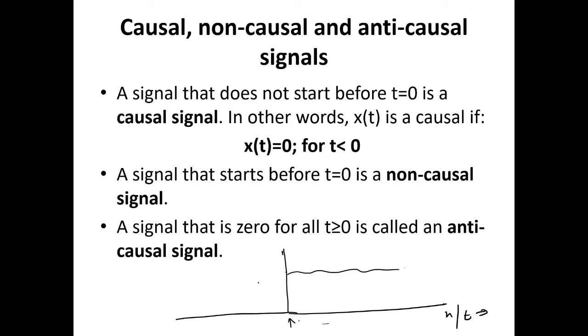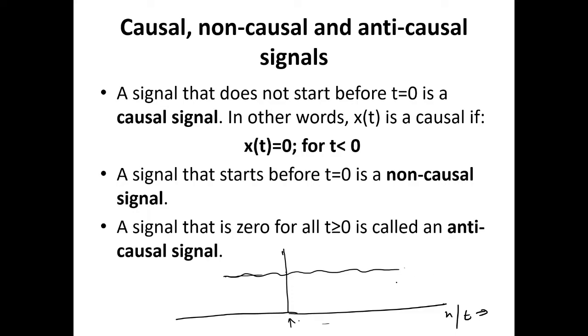The non-causal signals start before the event starts. Okay. So they would be starting somewhere in the negative n or t values, and they may or may not continue on the right-hand side.